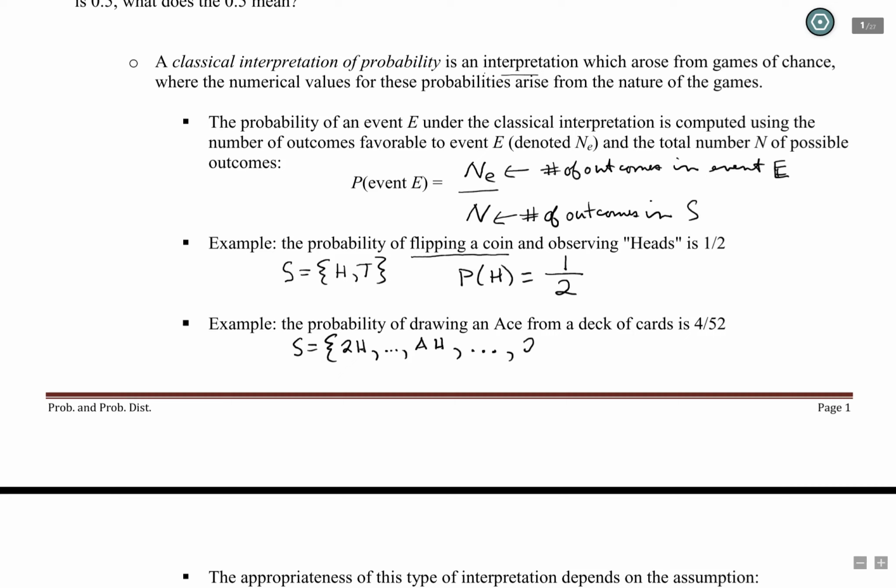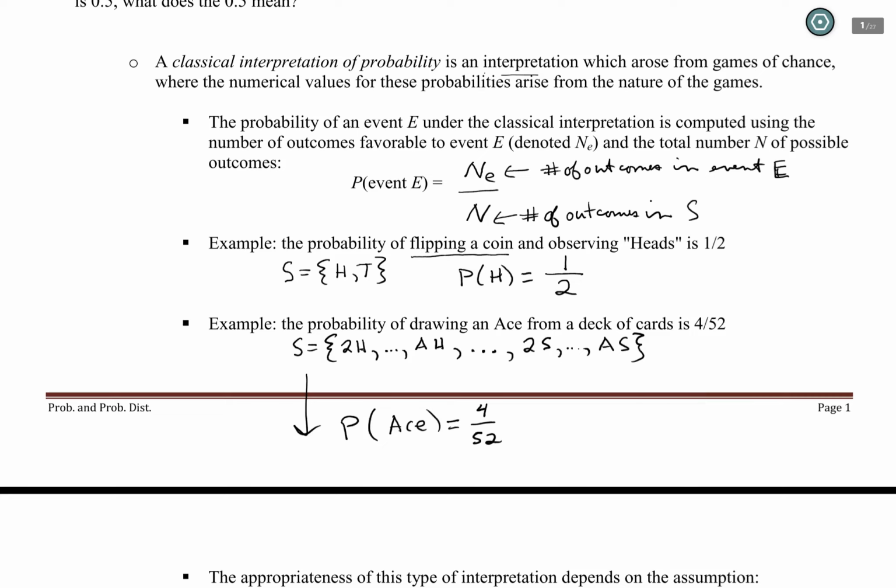And then your spades, so you'll have, say, your 2 of spades up to the ace of spades. And so if we want to know the probability of seeing an ace, the ace is the event, and the number of outcomes that correspond to that is 4, right? There's an ace of hearts, ace of diamonds, ace of clubs, and ace of spades. So it's 4 out of 52 cards in a deck.